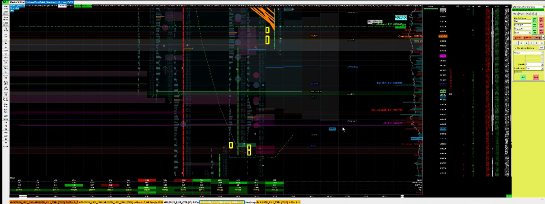So we were talking earlier about an entry, trying to find a place on the chart. Take a look at this chart and look where our low was today. Look where the low was 2 days ago, Sunday night before Monday.